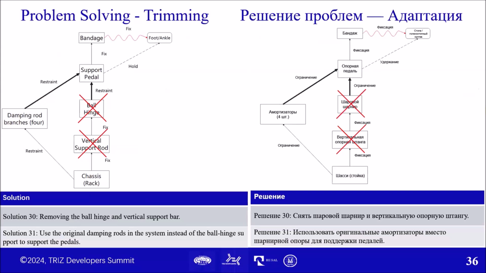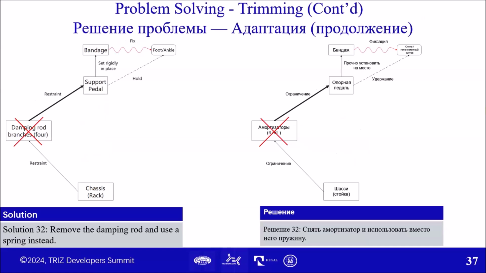Using trimming, we cut out the ball hinge and vertical support rod from the system, resulting in 2 solutions. We make further cuts to the remaining portion by cutting out the damping sensation and using a spring instead.